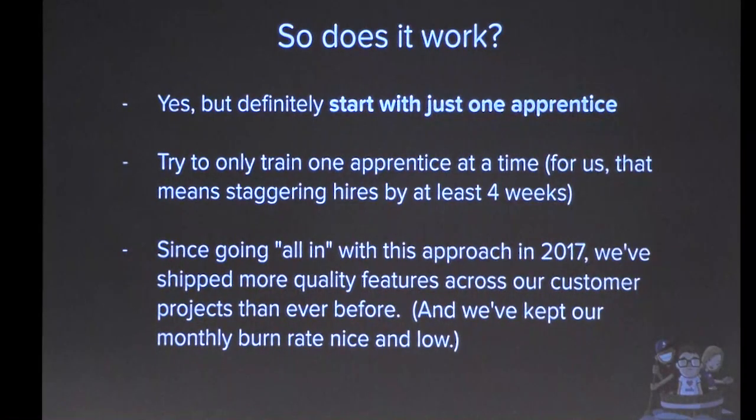So since going all in with this approach in 2017, we've shipped more quality features, emphasis on quality features, than we ever have before. Our overall visible velocity, think of that iceberg, is pretty much unchanged. We still do the same number of points in a sprint, but compared to this time last year, now every single card that works its way through our Agile board goes through QA.